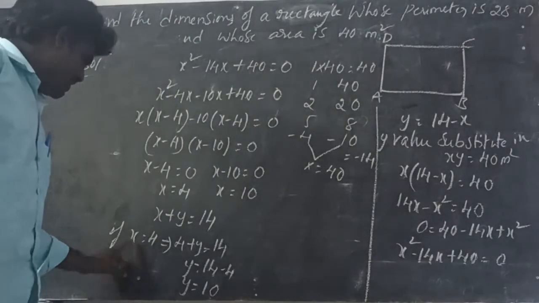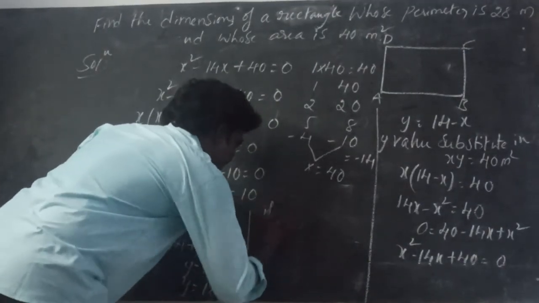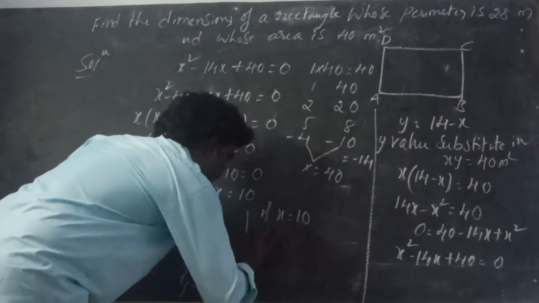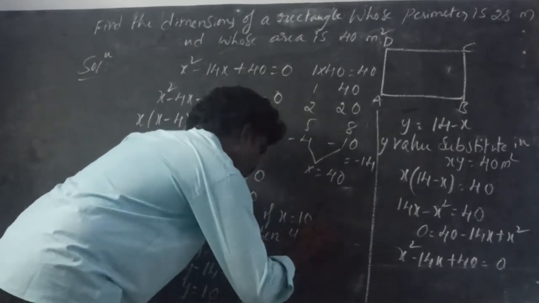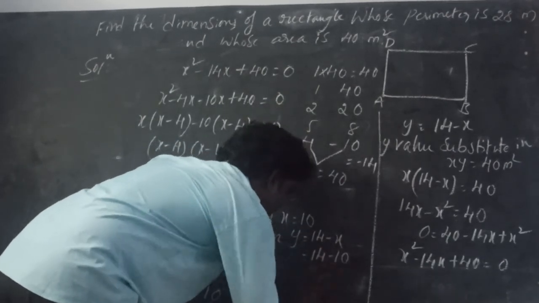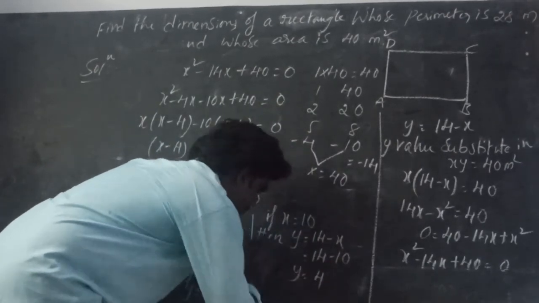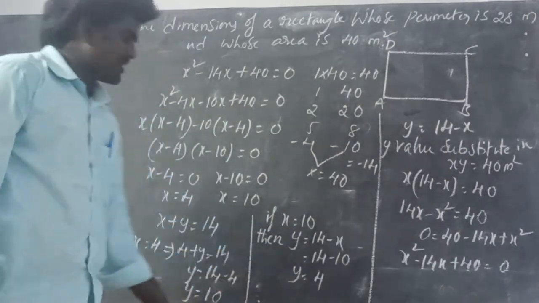So the length is 4, the breadth is 10. Next, if x is equal to 10, then y is equal to 14 minus 10, which is 4. So the length is 10, the breadth is 4. So these are the dimensions.